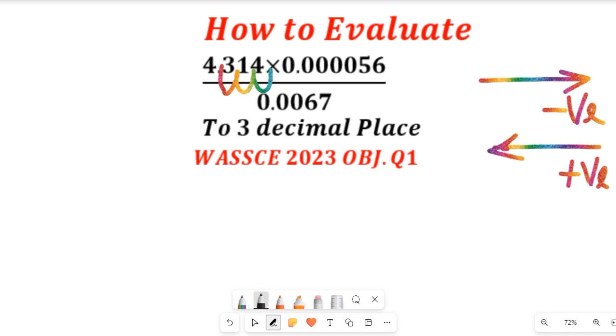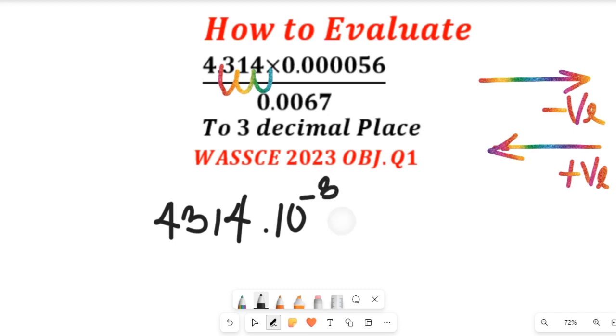So that expression will give us 4314 multiplied by 10 to the power of minus 3, because we've shifted the decimal 3 places. And this will be multiplied by, now let's shift this decimal.